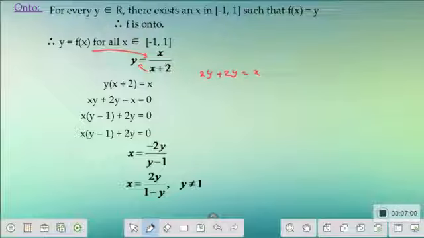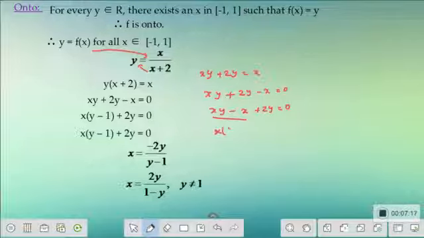Then I'm bringing this x to the other side of the equation, which gives me xy plus 2y minus x equal to 0. And then for factoring out, I'm rearranging: xy minus x plus 2y equal to 0. From the first two terms, x is common, so x into y minus 1 plus 2y equal to 0.